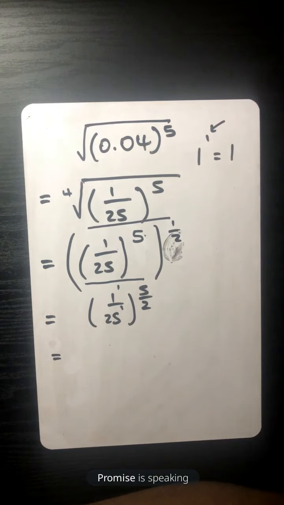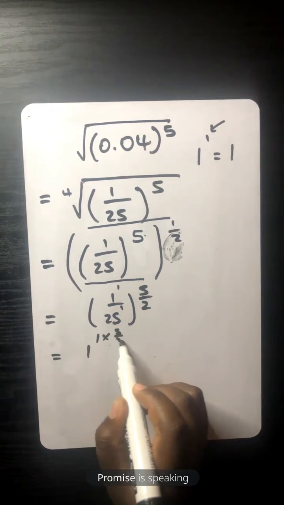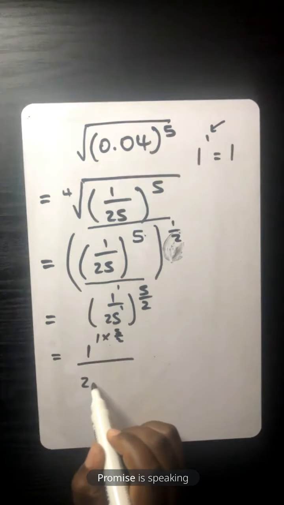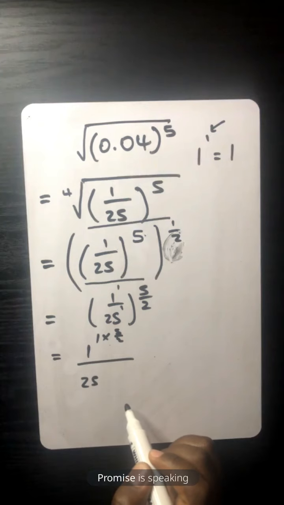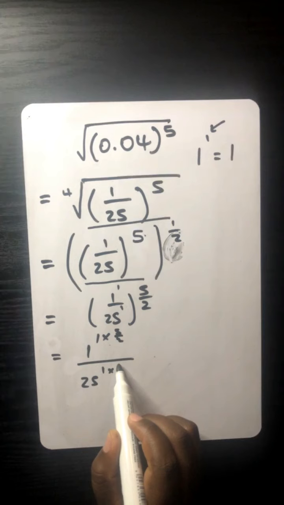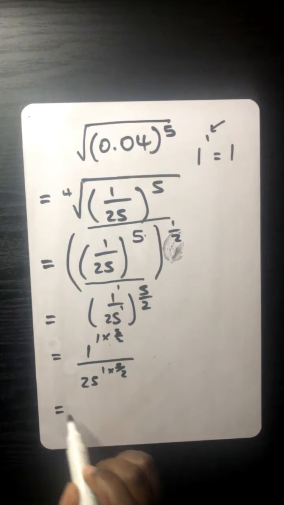Okay, so it's gonna be 1 to the exponent of 1 multiplied by 5 divided by 2, over 25 to the exponent of 1 multiplied by 5/2. Continue.